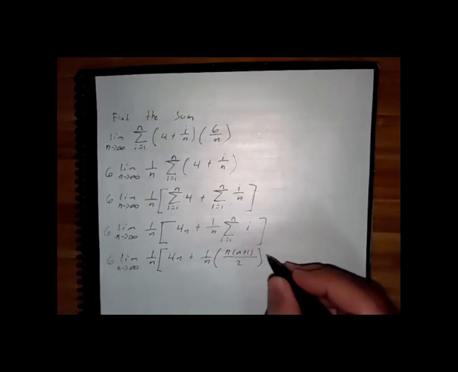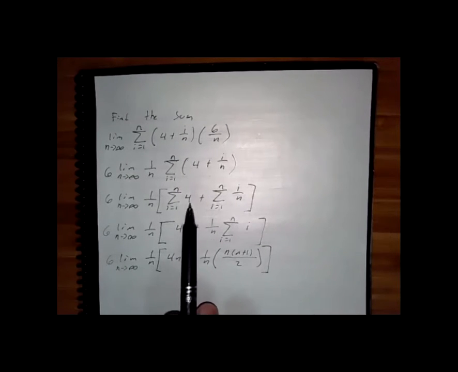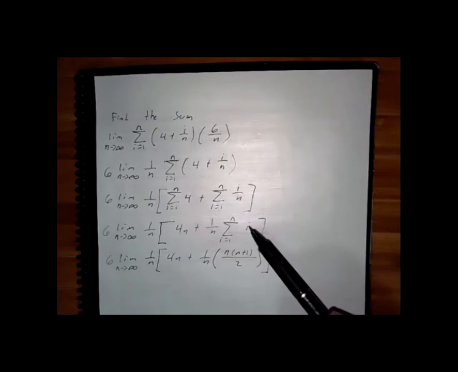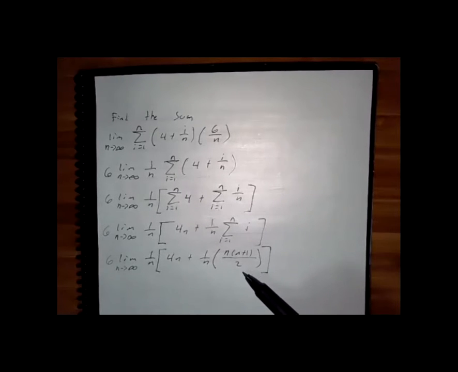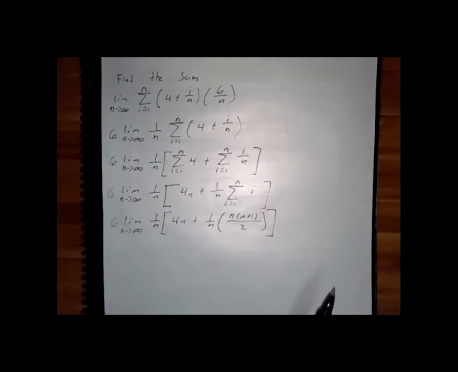So notice I've taken care of these sums by applying the formulas to each piece. So this was one formula right here. This one was another formula. Are you guys familiar with those summation formulas? Do you remember them? I give you a list. Yeah. Okay.